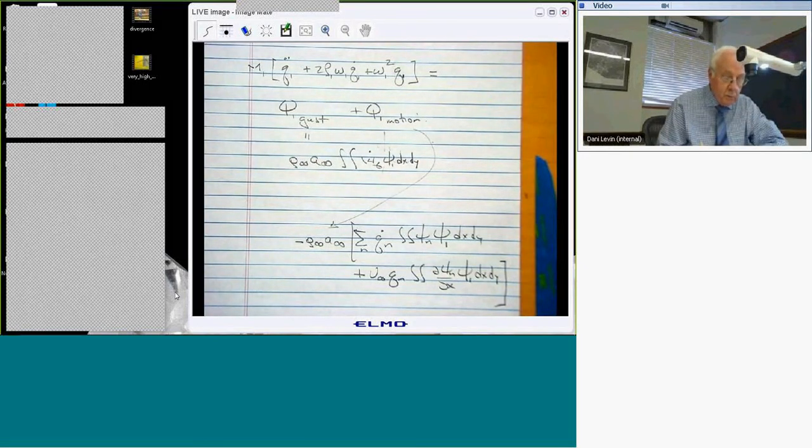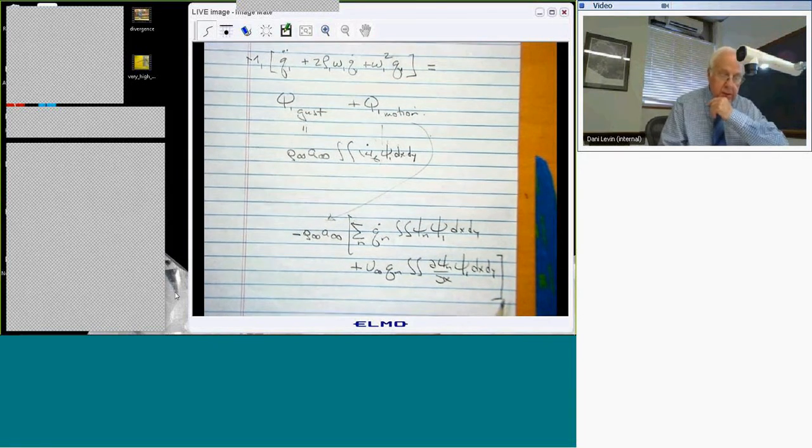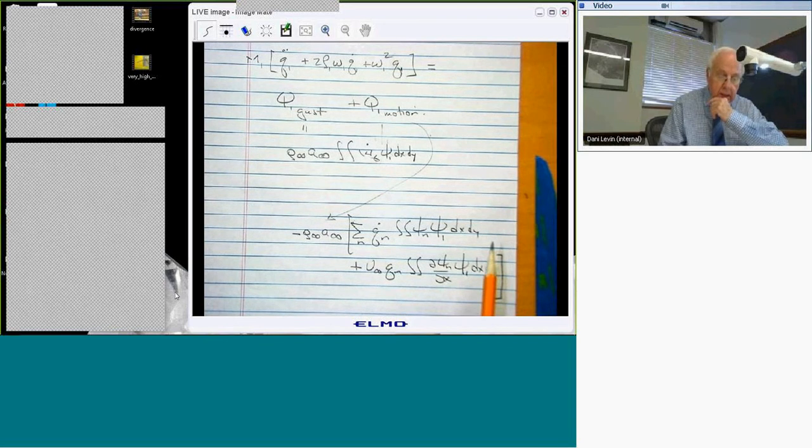Now, we could do a second mode too. I think just looking at this will let us do a couple of things. There are some special situations that I'd like to highlight for you. Let's look at this term for just a moment.